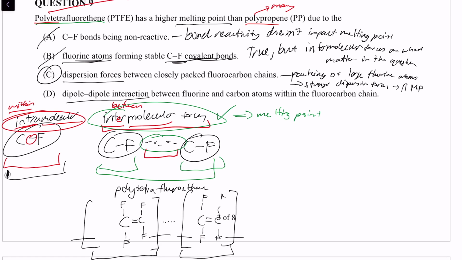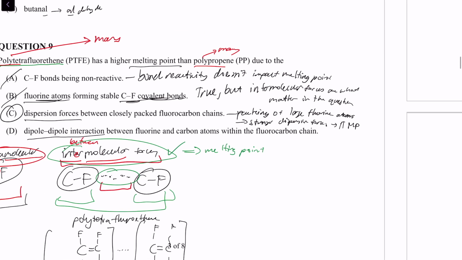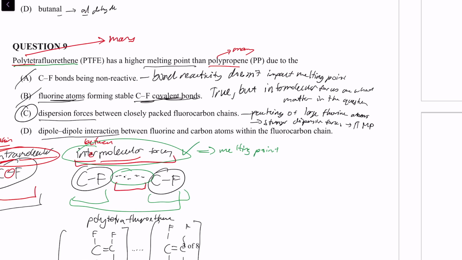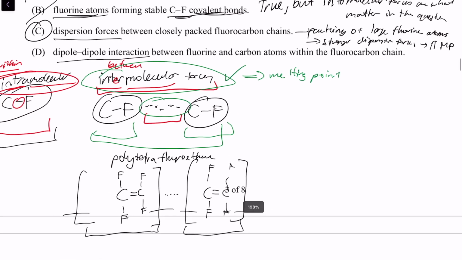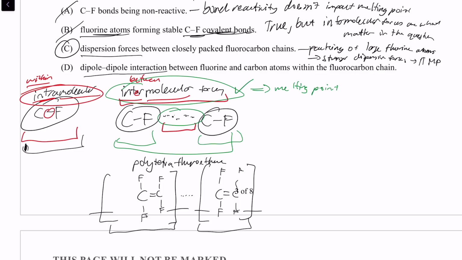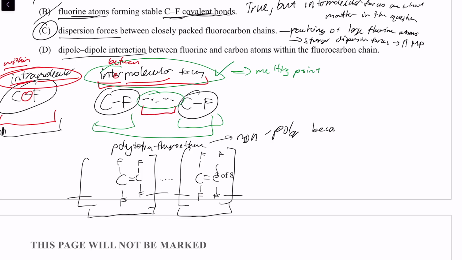So, as I was saying, the packing of those large fluorine atoms leads to stronger dispersion forces and increases the melting point. And we know that polytetrafluoroethane is nonpolar because of a symmetrical structure.